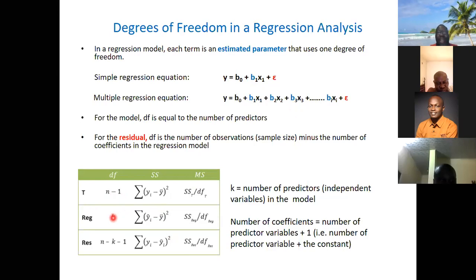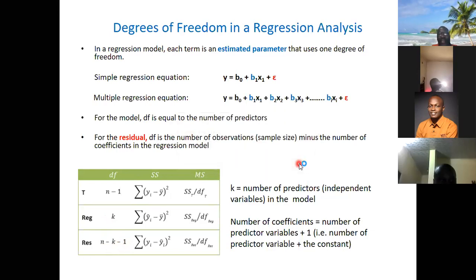But the degree of freedom for the regression model would then be the number of predictors. The number of predictor independent variables in the model is K, and each of them has a degree of freedom of 1, 1, 1. Then the residual degree of freedom will be the total degree of freedom minus K and minus 1.